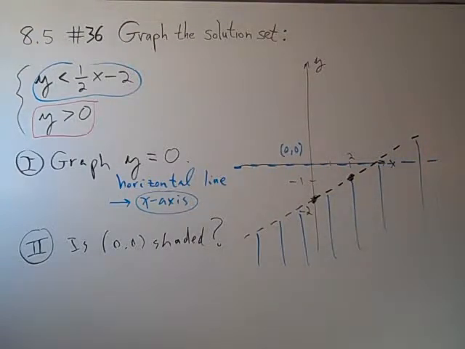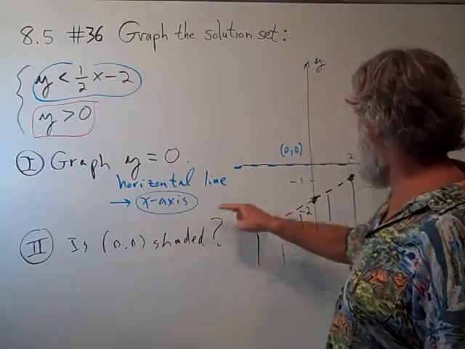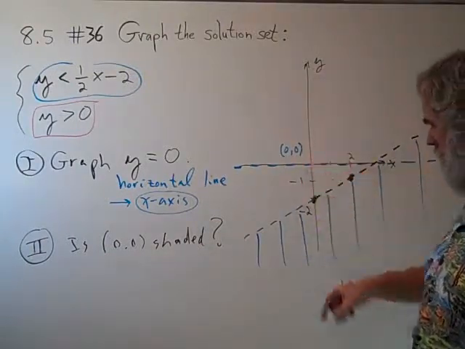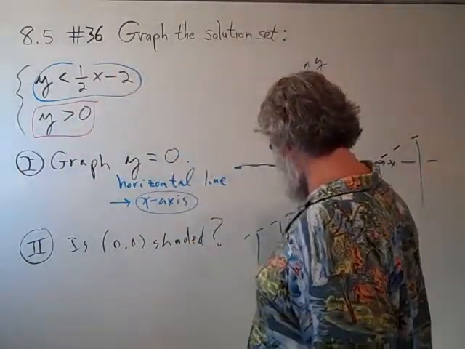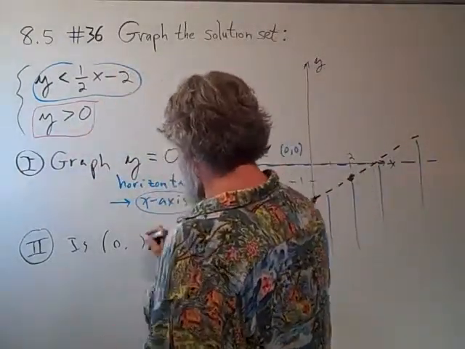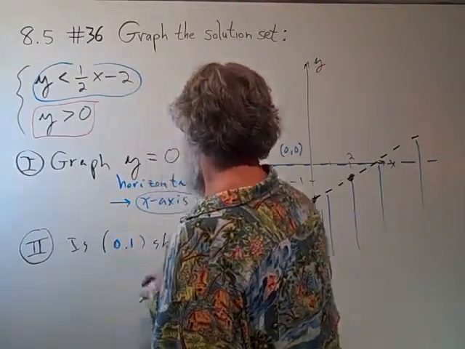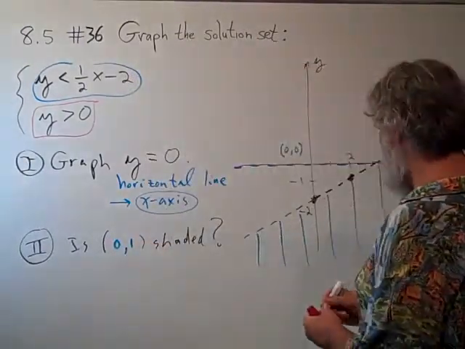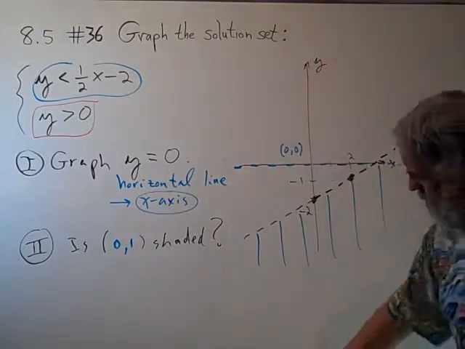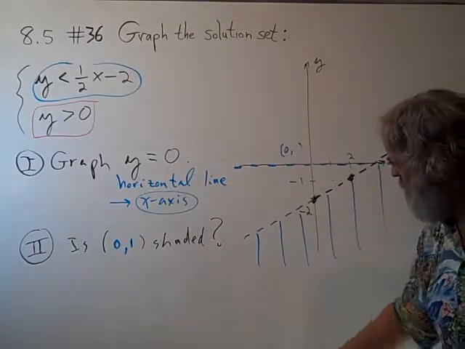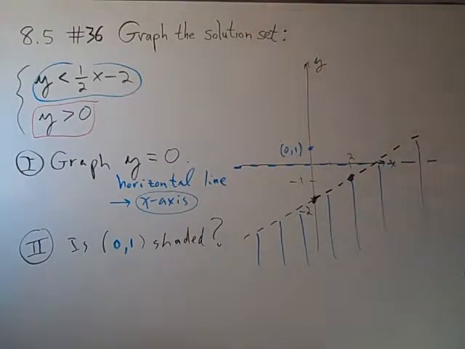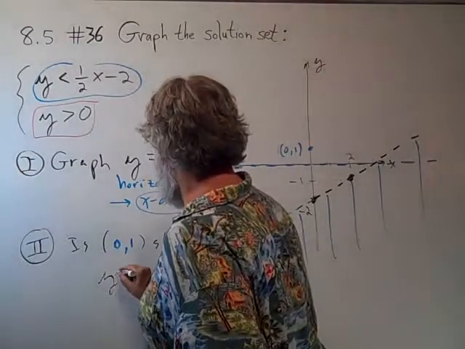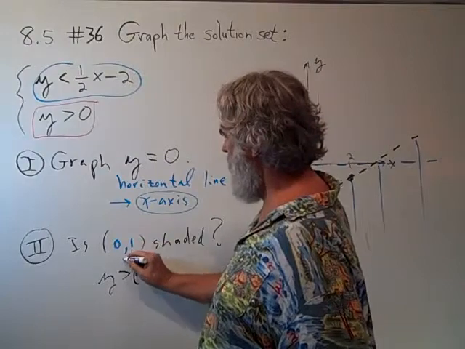Now, is the origin shaded? Well, in this case, we can't ask about the origin because this line goes through the origin. But we know that y is bigger than means the top half, so we could ask, is 0, 1 shaded? That's 0, 1, right about here. Is that point shaded? Plug in, is y bigger than 0? Plug in the y into the y.